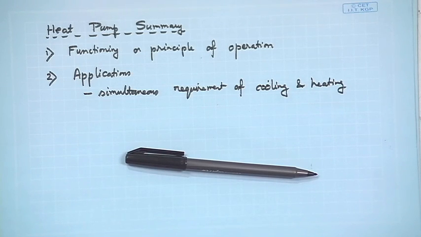What are the different scenarios under which you need both heating and cooling? We can think of a factory where you need two processes, one requires heating, another requires cooling, or you can have a single process stream wherein at one location you need it to be cooled, and then later you need it to be heated, right, and we saw examples of that.